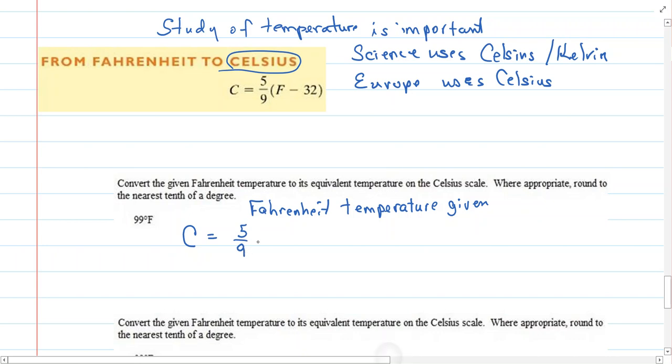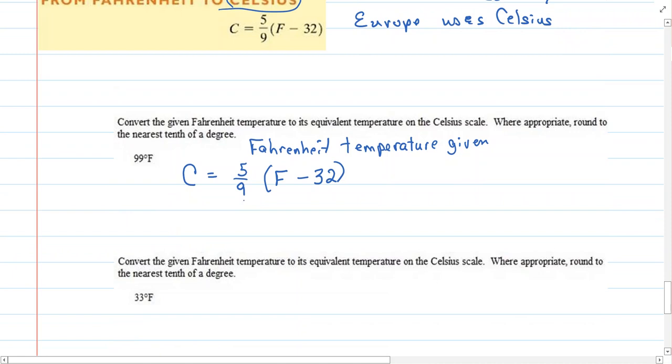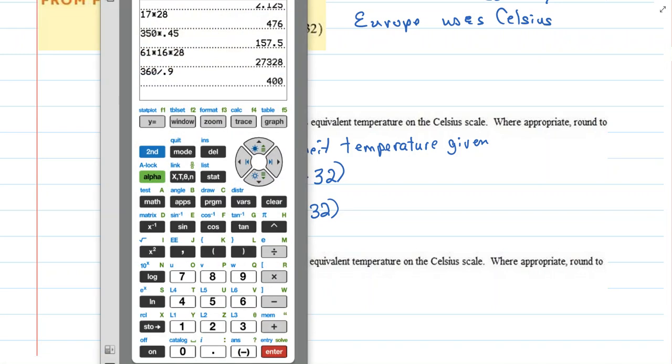We have 5/9 of the Fahrenheit temperature minus the 32 with parentheses. So we're going to put the 5/9 of the 99 minus the 32. And we're going to do all of that in our calculator. So here we go.